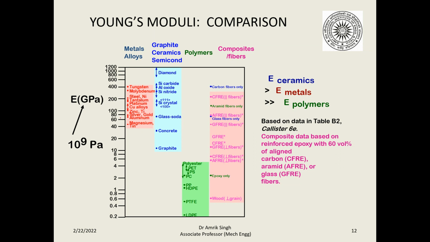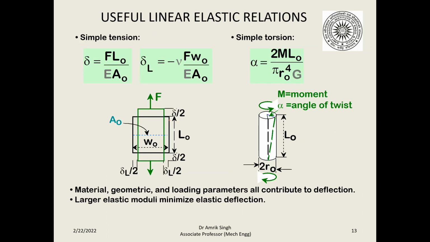It is lower. It is in GPa, where 1 GPa is 10 to the power 9. This range is for polyester, this is for carbon fibers, and for diamond, you see it is further higher. So it is composites, graphite, ceramics. This is a way we can compare our modulus of elasticity.